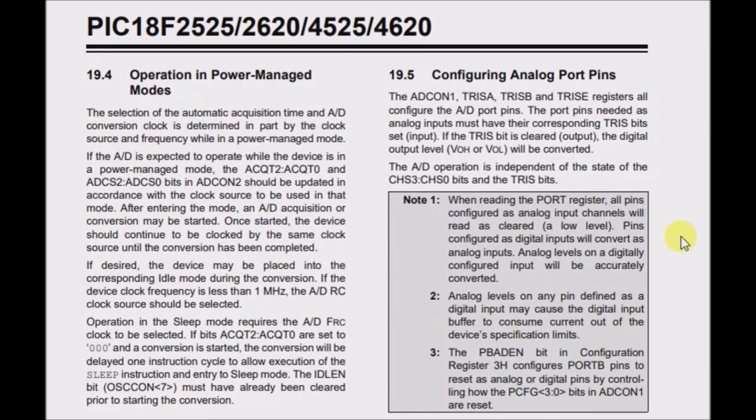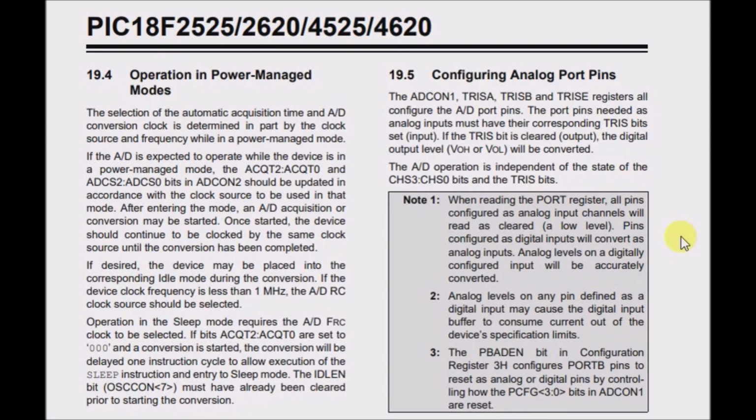If the AD is expected to operate while the device is in a power managed mode, the ACQT2 to ACQT0 and ADCS2 to ADCS0 bits in the ADCON2 should be updated in accordance with the clock source to be used in that mode. After entering the mode, an AD acquisition or conversion may be started.